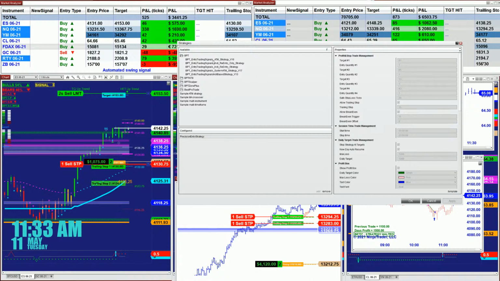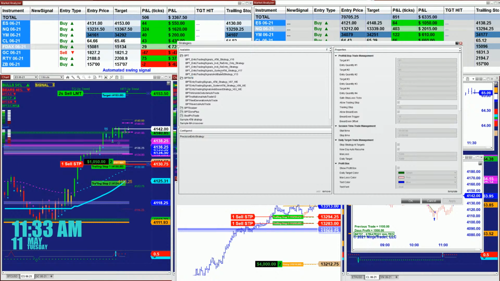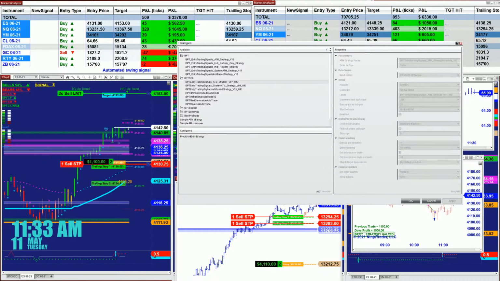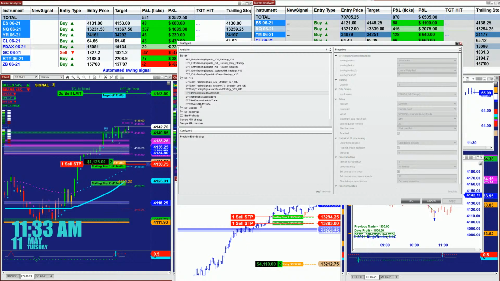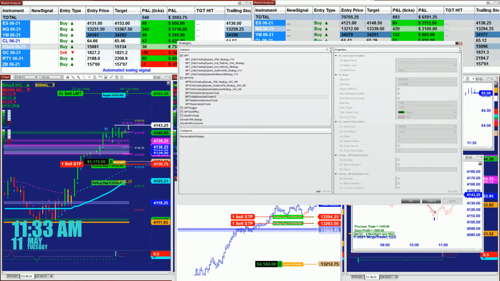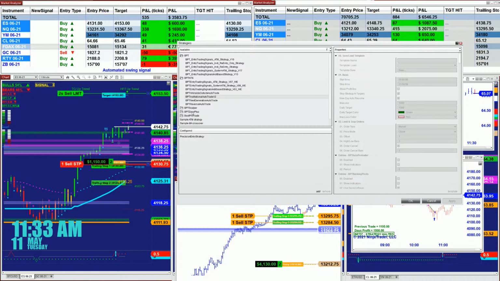For the signal, we have 1, 2, 3, 4, 5. This is for the signal. With the NT8, we have 5 in here. 6, 7, 8, 9, 10, 11, 12. Then we have the scalper, 13.